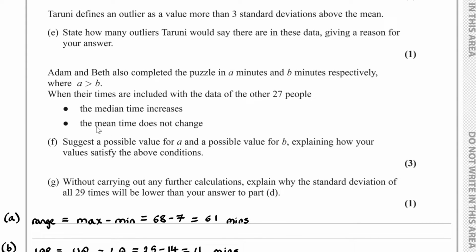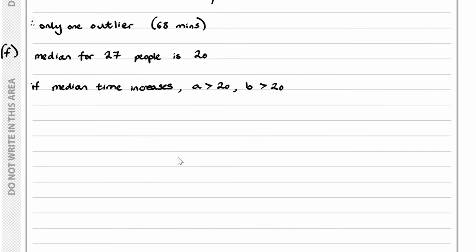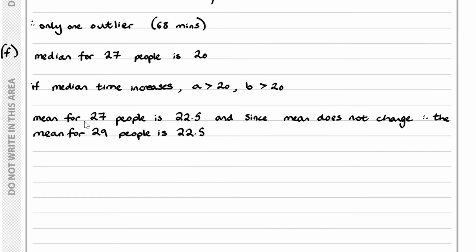We also know from the question that the mean time does not change, and we calculated here the mean was 22.5. So the mean for the 27 people is 22.5, and since the mean does not change, the mean for the 29 people is 22.5. Now, with this, we can find out what A and B must add up to.